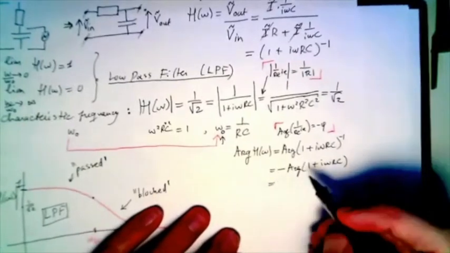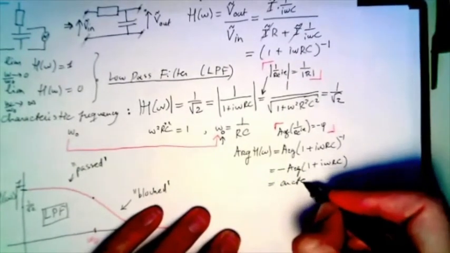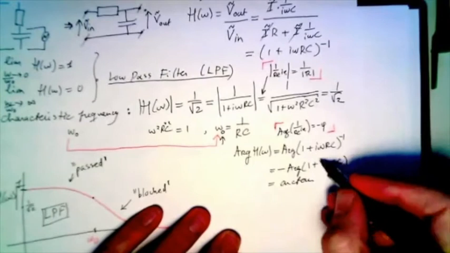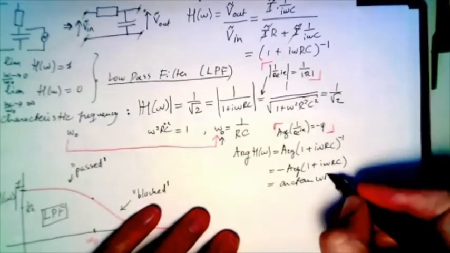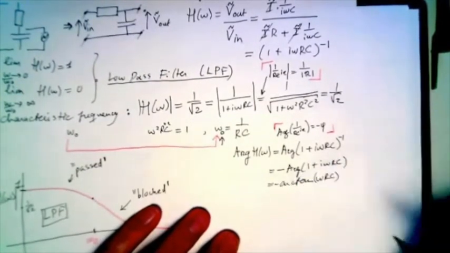And that is the arctangent of the imaginary part over the real part, omega RC, with a minus sign.